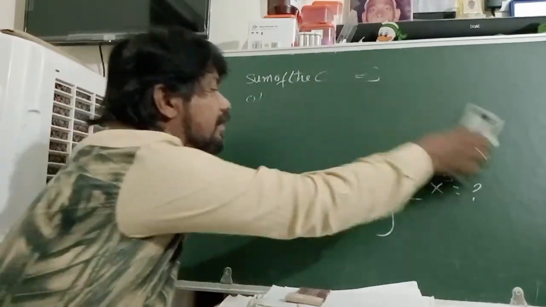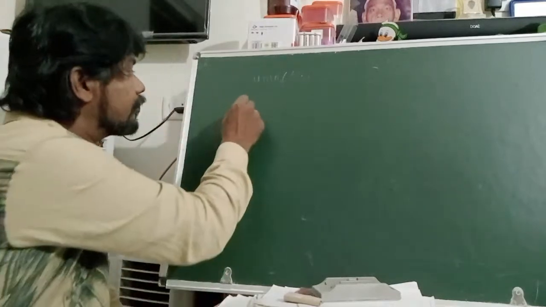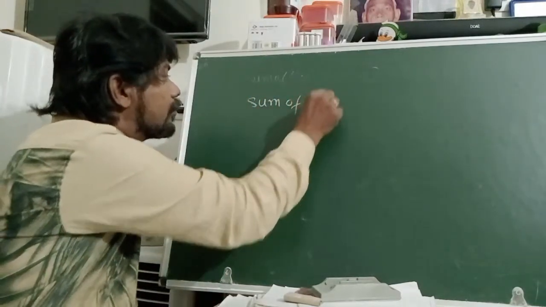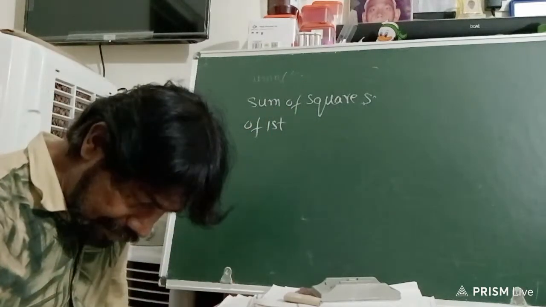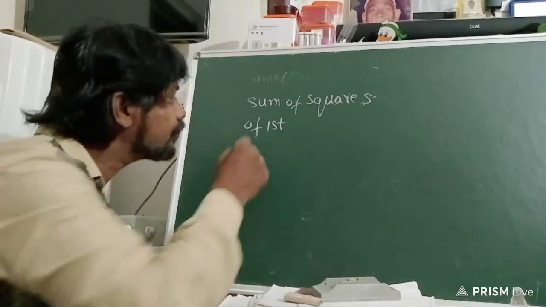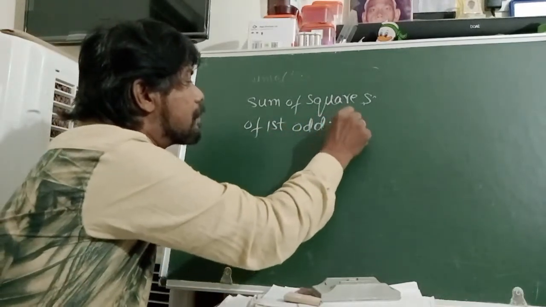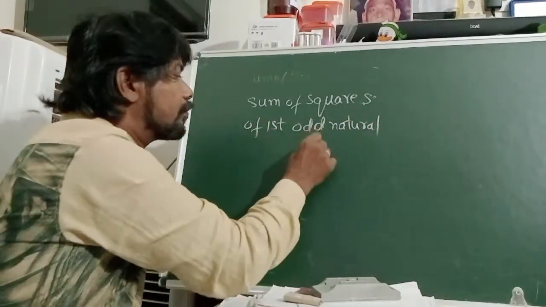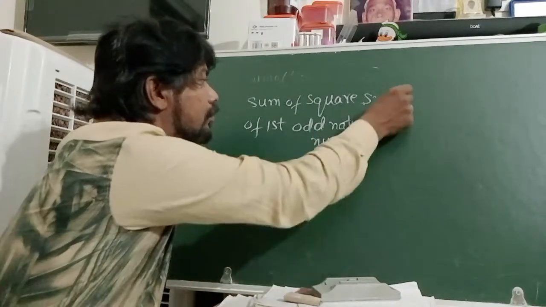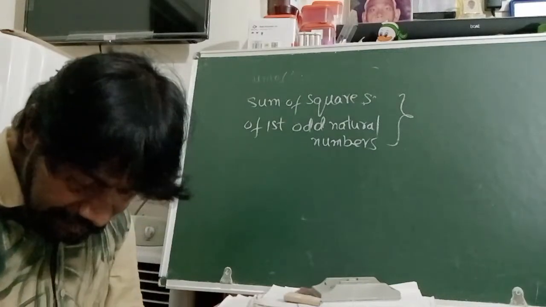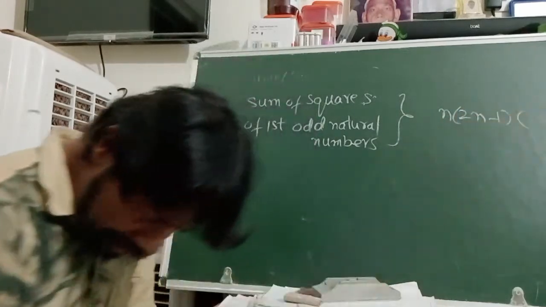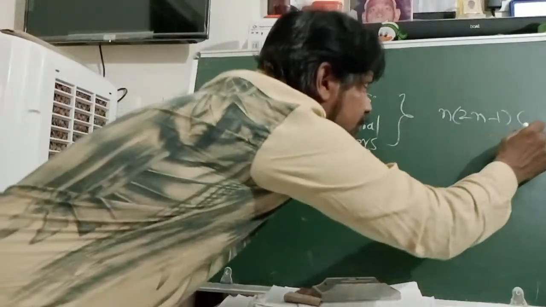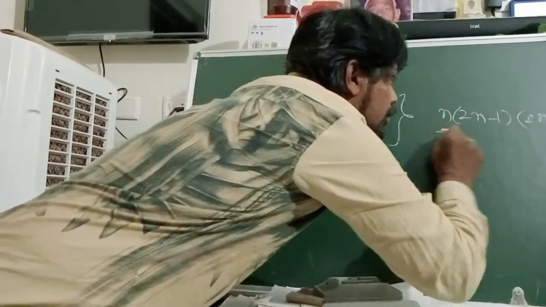Sum of squares of the first n odd natural numbers is equal to, the formula, n into 2n minus 1 into 2n plus 1 by.